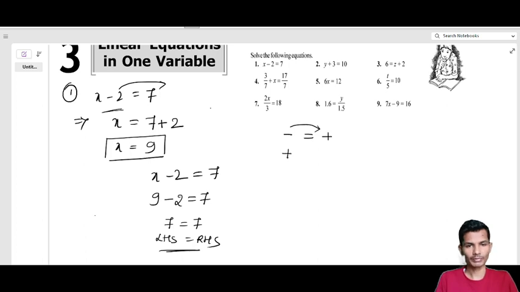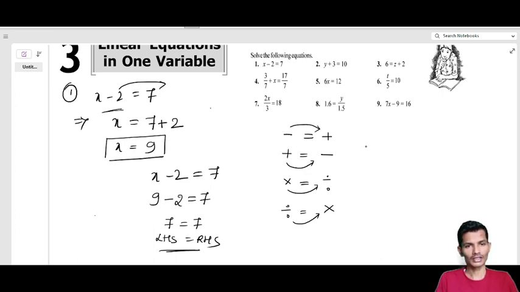If I'm taking a positive sign to the other side of the equation, then it will become minus. If I'm taking multiplication to the other side of the equation, then it will become division. Then division, if I'm taking that to the other side of the equation, it will become multiplication. So you need to keep these things in mind. You need to remember these things.